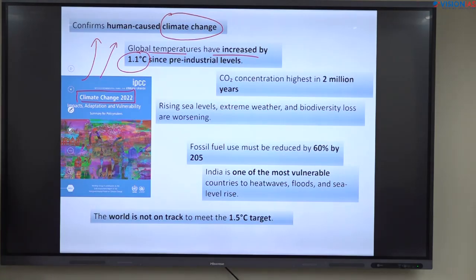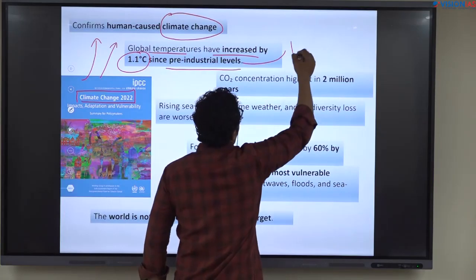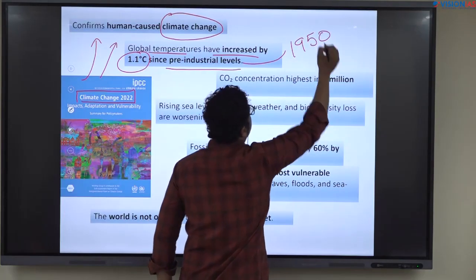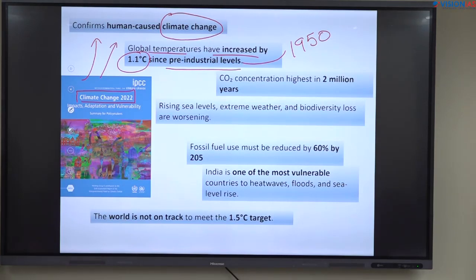When we are talking about controlling global warming, it has already happened, and it is even increasing more. This is as compared to the pre-industrial level, the 1950s, when industrialization was not much.